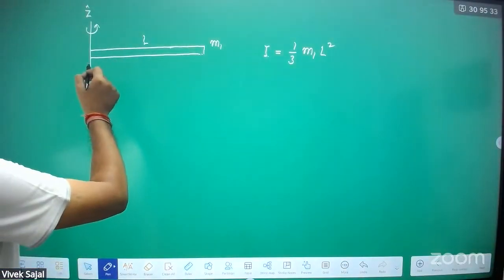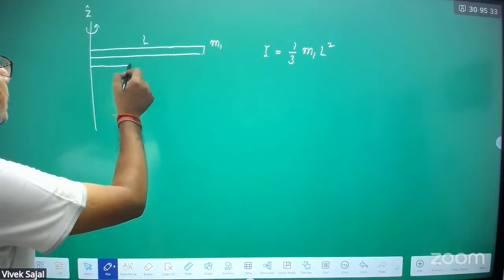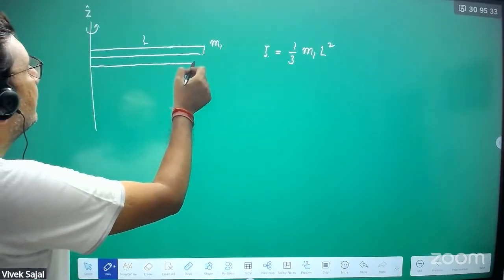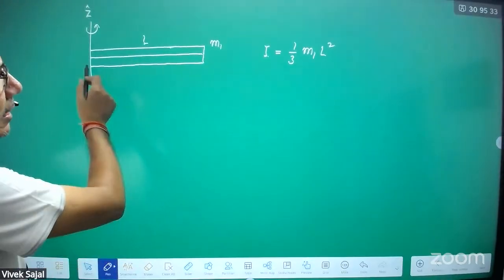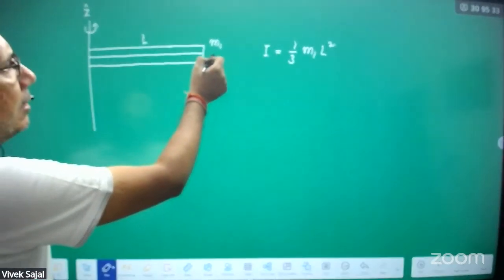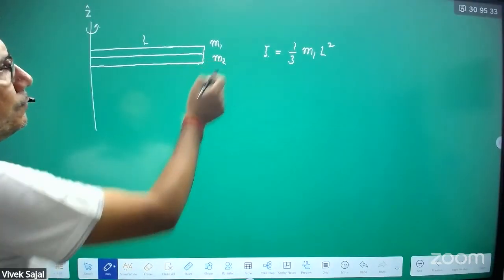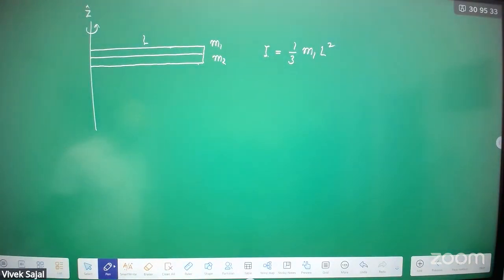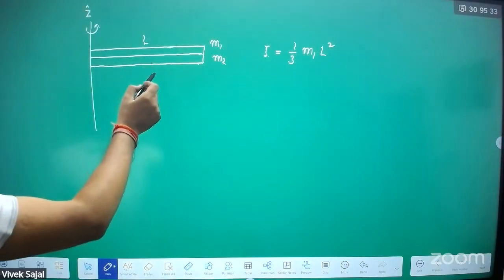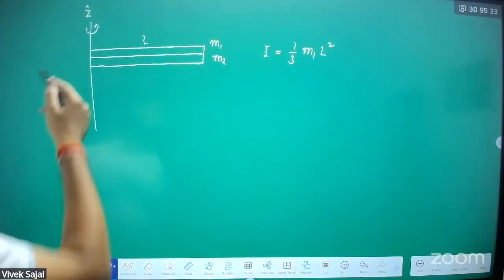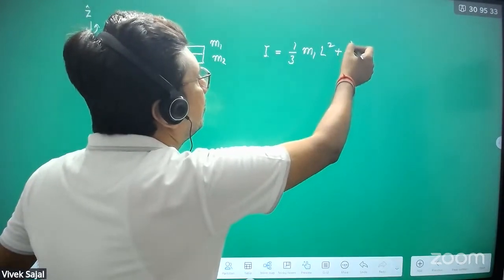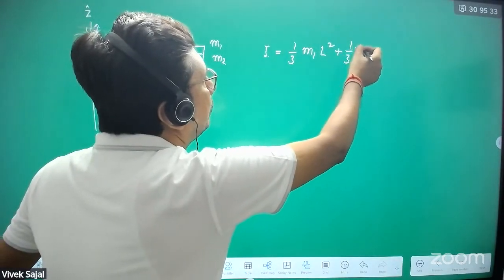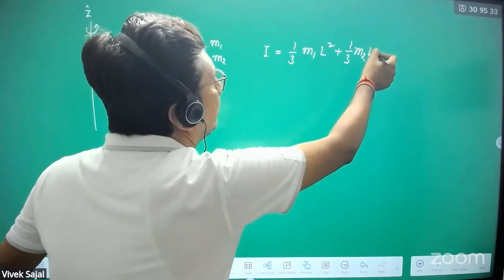Now I place another rod here. I attached one more rod to the earlier one. Its length is also L and its mass is M2. Now this combined system of two rods is rotating about this axis. So the moment of inertia will be 1 by 3 M2 L square.